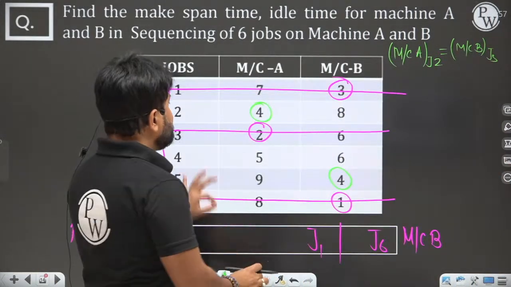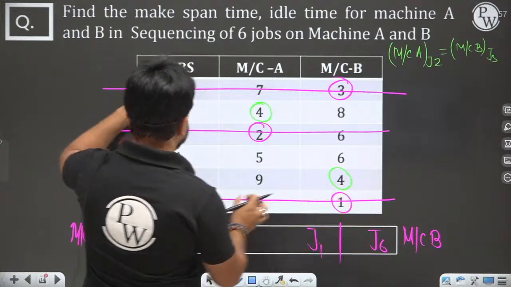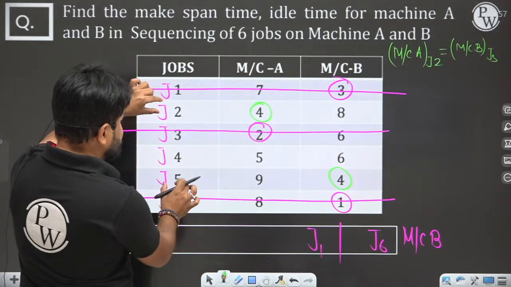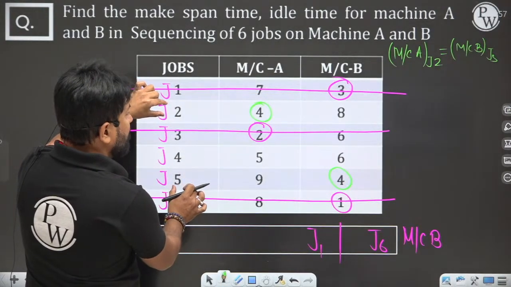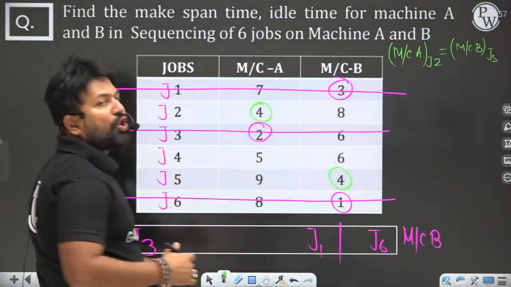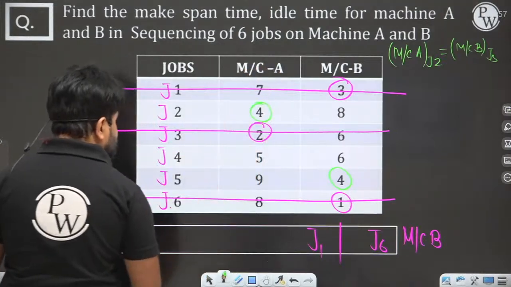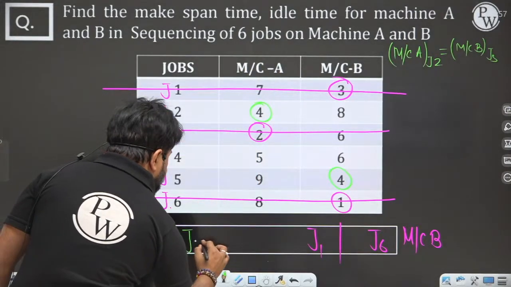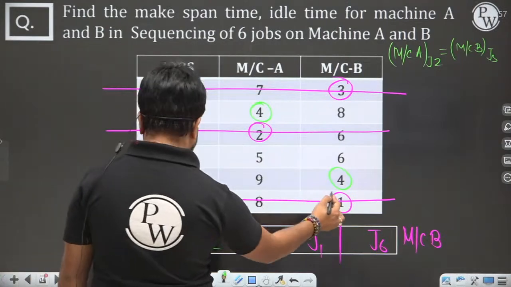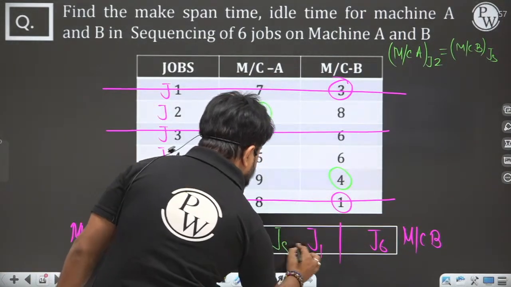In that case, you have to take both jobs, J2 and J5, and arrange them on their respective machines on which they get the time. So J2 is on machine A, so arrange J2 here and arrange J5 here.